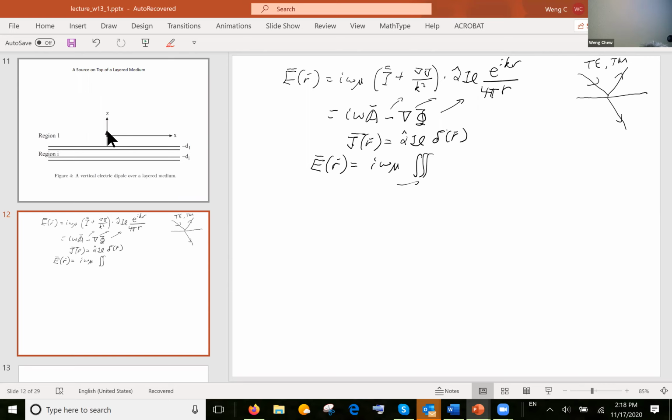But I can use the dyadic Green's function approach. And you have seen some of this in your homework and in the take-home exam, where for this dyadic Green's function G you have shown in your homework by back substitution that it looks something like this.